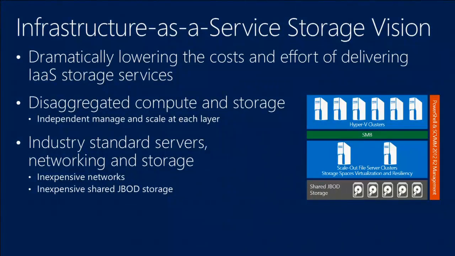And the components that comprise this stack, starting from the storage, would be commodity JBODs, just a bunch of disks in a box. These JBODs are managed. The intelligence to manage your data is provided by storage spaces, which lies on commodity servers running Windows. Clustering provides high availability. Scale-out file server provides scalable data access.